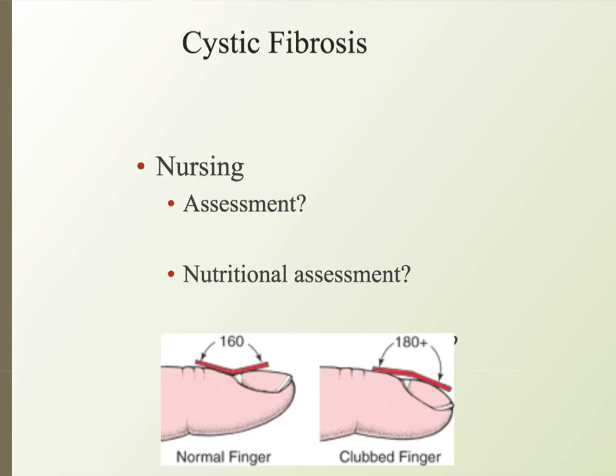The book says in the 30s, but like I said, people that follow their treatment protocol have been living a lot longer. We're able to do lung, liver, and pancreas transplants for these patients. People can function normally now, and hopefully we're going to get these guys further into adulthood as our technology increases.